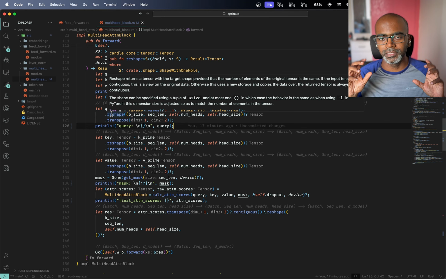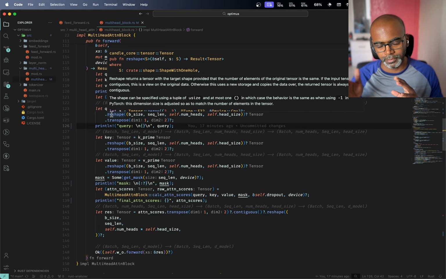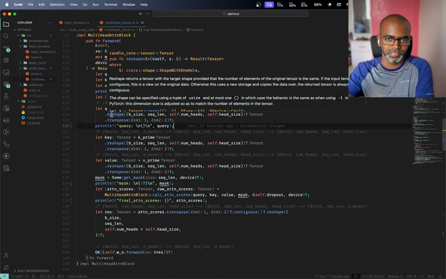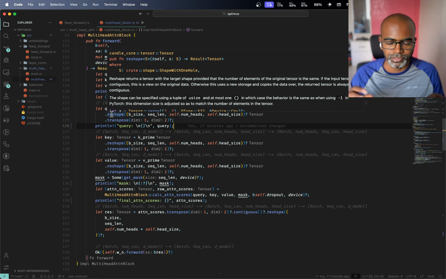View usually doesn't do any copying. But in reshape, you could end up creating copies of the tensor, because you're literally reshaping the tensor, so you may need to end up copying.